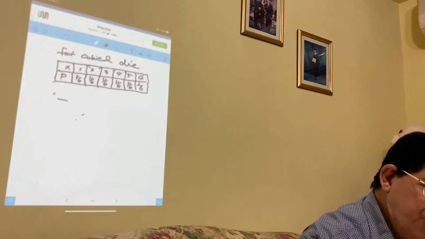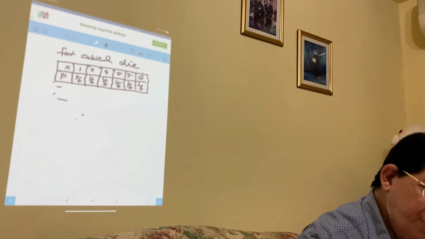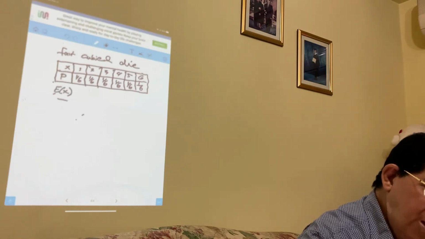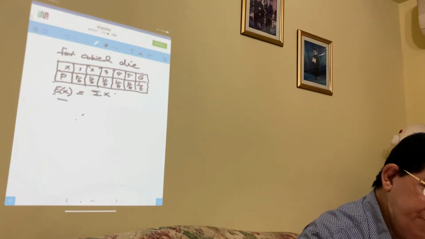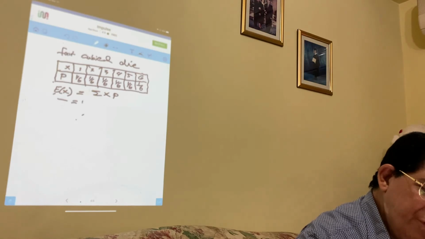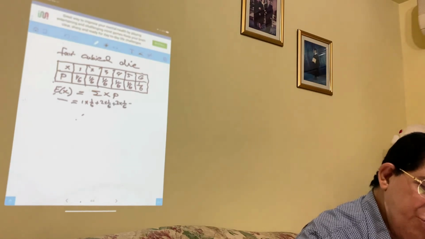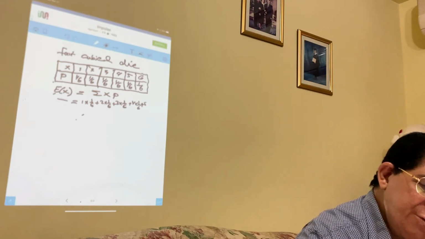Now, if we ask to find the expectation of x, we are going to say it is equal to sigma xp. Therefore, we're going to have 1 times 1 over 6 plus 2 times 1 over 6 plus 3 times 1 over 6 plus 4 times 1 over 6 plus 5 times 1 over 6 plus 6 times 1 over 6.